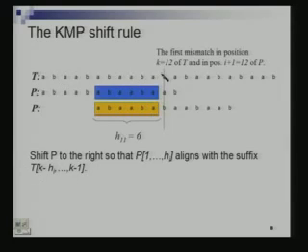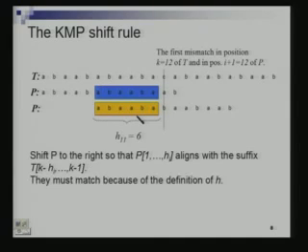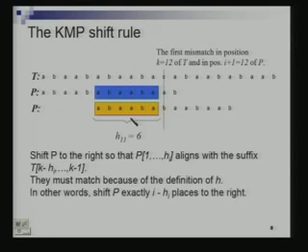So k is the position of mismatch, k minus 1 is the position before this, and k minus hi is this part. So it aligns with this perfectly. Right, and these parts should match. Why? Because this is the same as this, which is the same as this. So they match. So in other words, we are shifting P i minus hi places to the right.